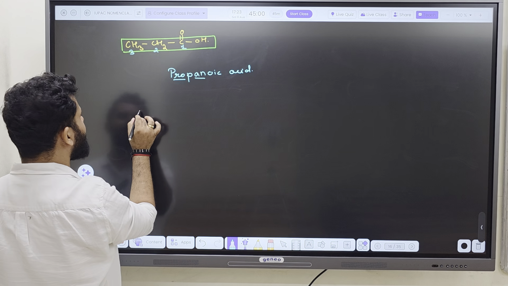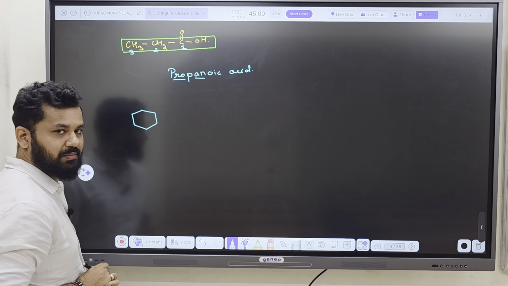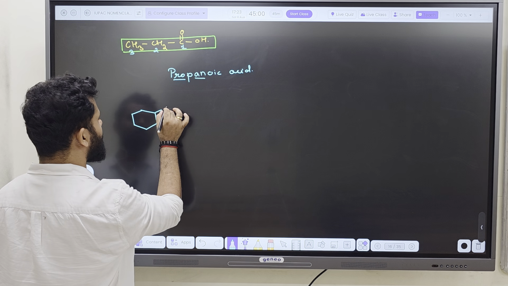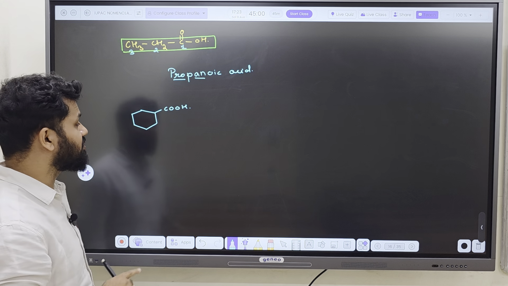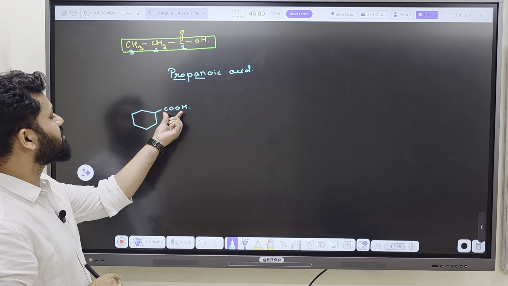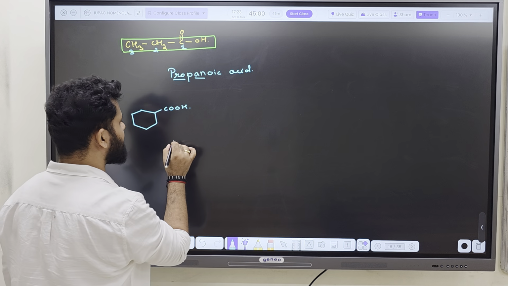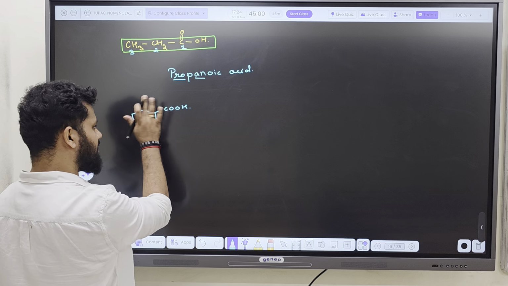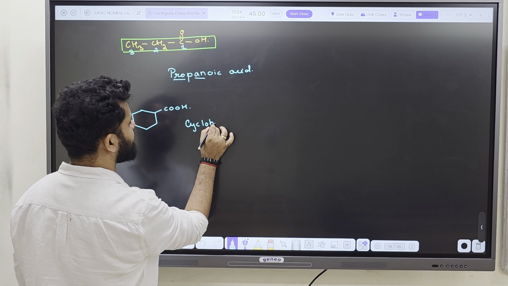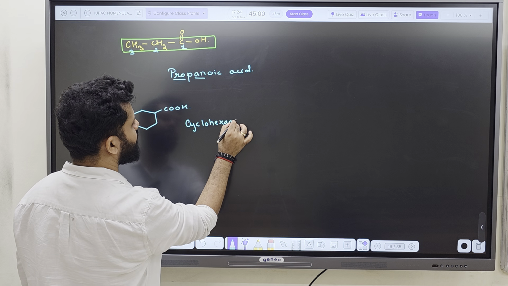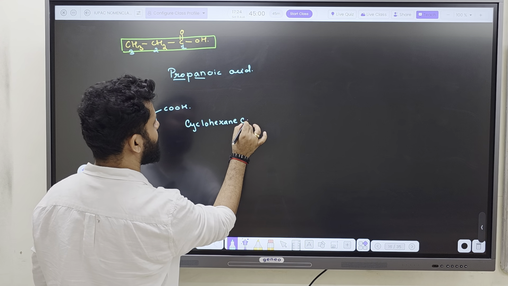However, if we are given a ring, let us say cyclohexane, and then COOH is directly attached to it, in such cases when we have carboxylic acid directly attached to the ring, we will use a special suffix, that is carboxylic acid. So the name of this is going to be cyclohexane carboxylic acid.